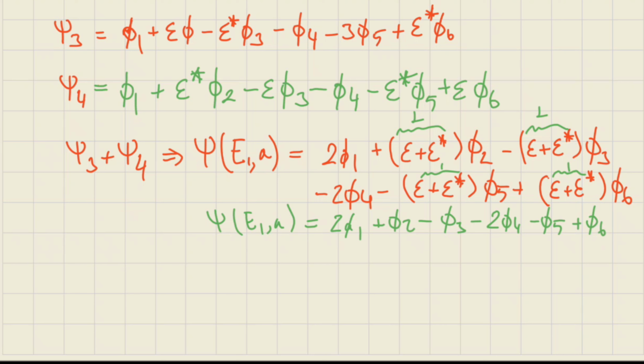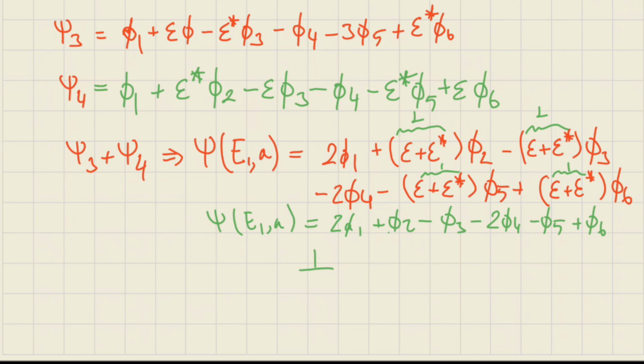And I can normalize it. So 2 square plus 1 square plus 1 square. I'm just adding the coefficients. So 3 times 4, 12.